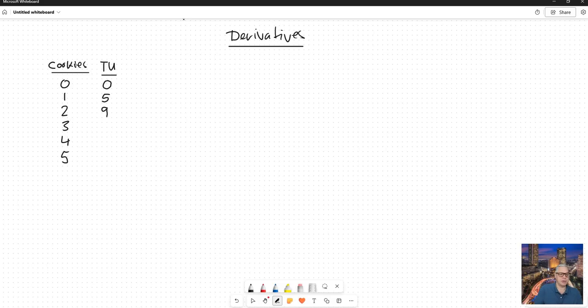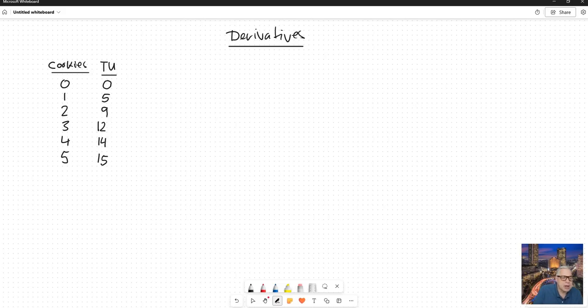And then if you have a third cookie, having a third cookie is good too, but it probably is not as great anymore as the first or the second, so your total utility goes up to only 12. If you have a fourth cookie, your total utility maybe goes up to only 14. And if you have 5 cookies, your total utility goes up to 15.